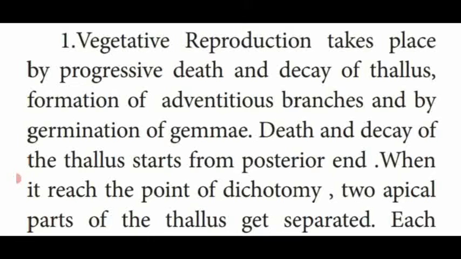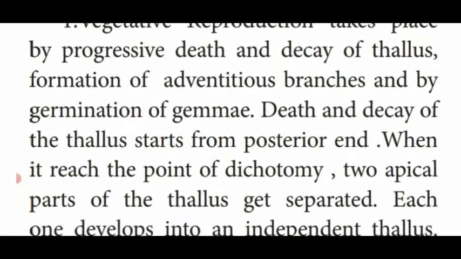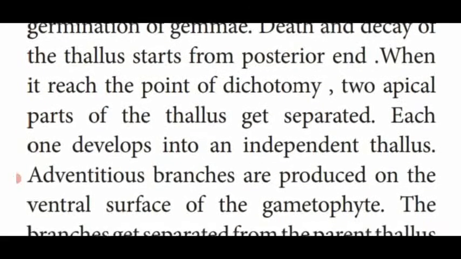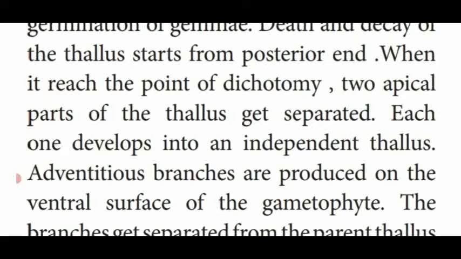How are they produced? The death and decay of the thalli starts from the posterior end, that is the oldest end, towards the bottom of the thalli. That means up to the point of the dichotomous branching region, which is said to be the dichotomy, dividing the entire thalli into two apical parts.